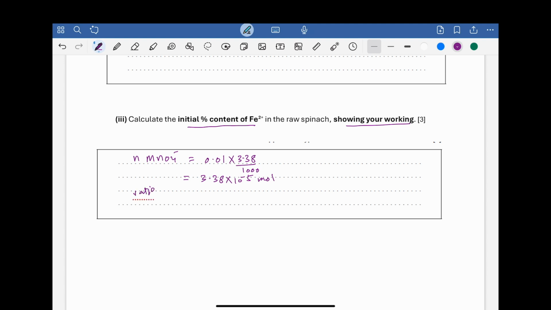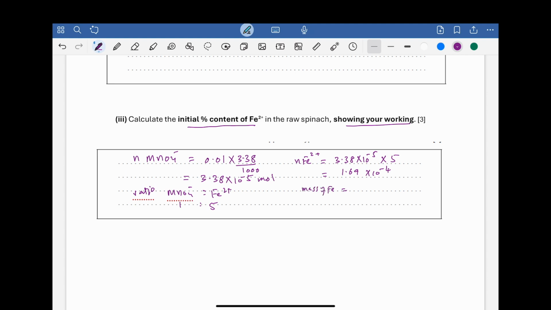The ratio of MnO4 minus to Fe2 plus is 1 to 5. So the moles of Fe2 plus will be 3.38 times 10 to the power minus 5 times 5, which gives 1.69 times 10 to the power minus 4 moles.